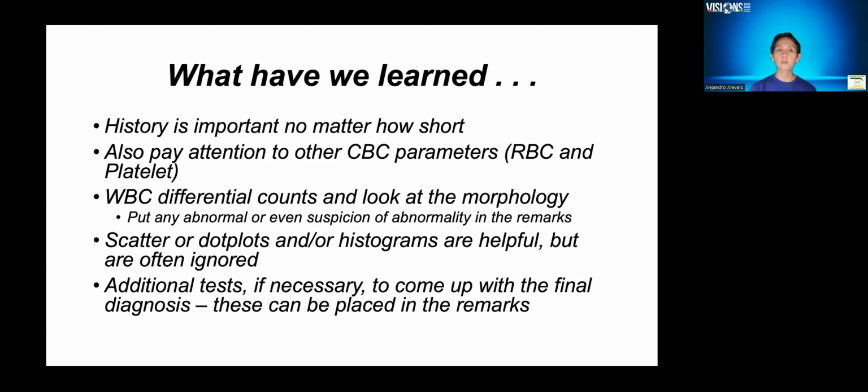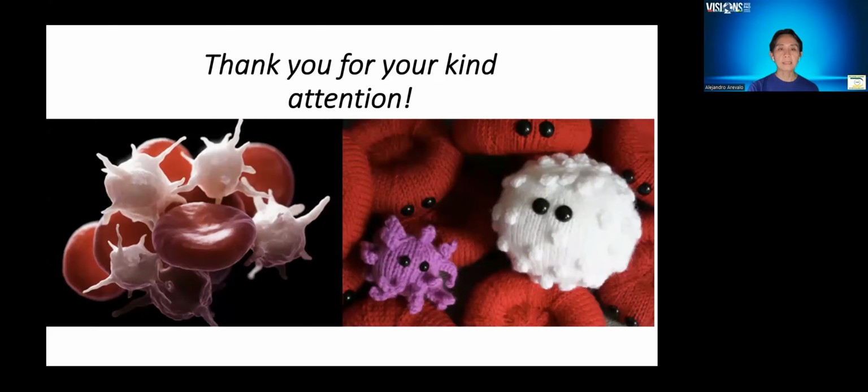And of course, after correlating everything, history, morphology, the scatter plots, and the CBC parameters, we have in our minds a differential diagnosis, and we can actually suggest in the remarks additional tests that may help the clinician establish a final diagnosis.